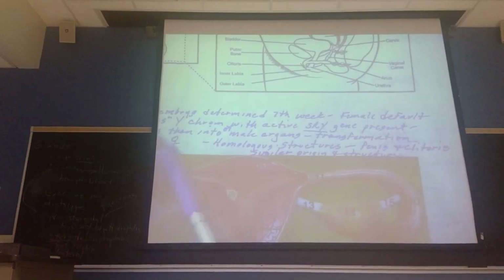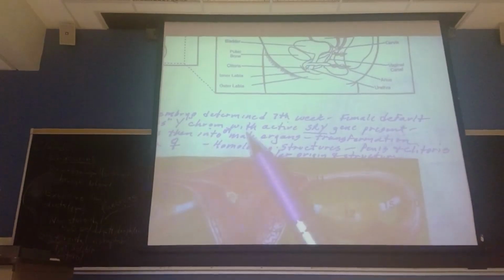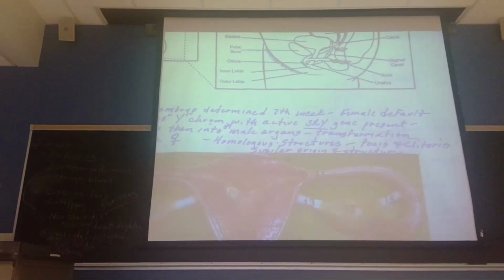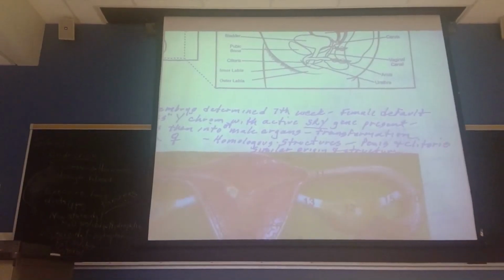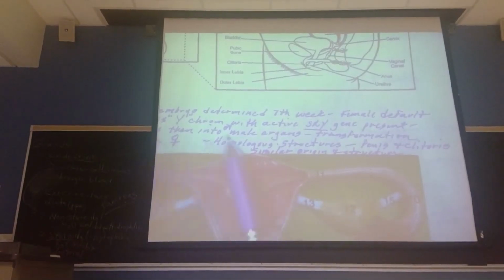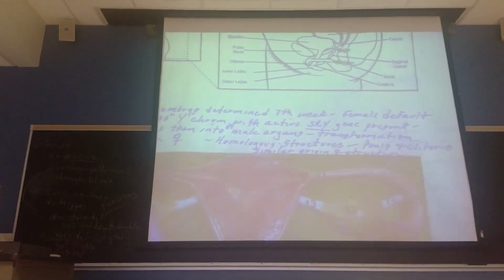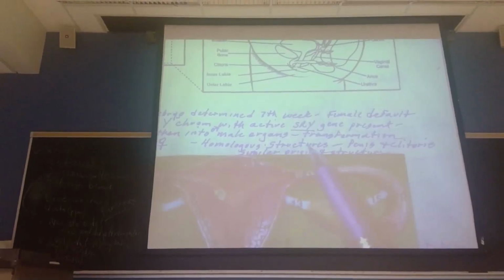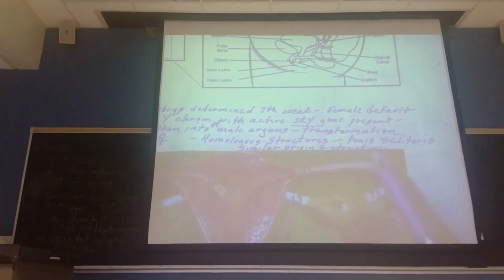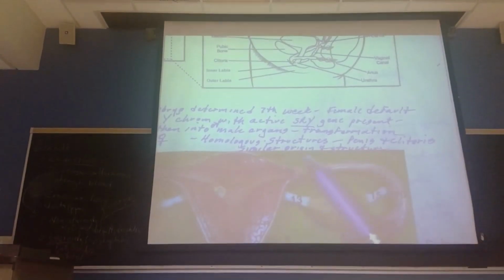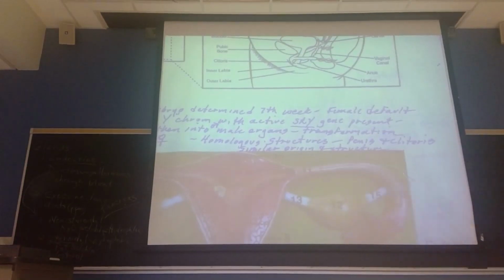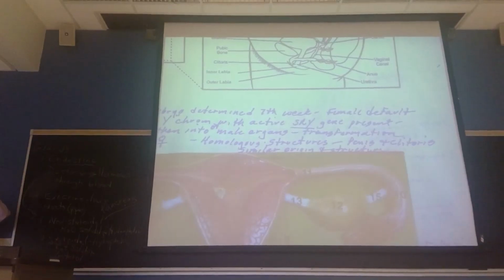Female is the default unless the Y chromosome is present with an active SRY gene on the Y chromosome. It turns from female into male organs, a transformation from female. These are homologous structures in the female and the male. The penis and the clitoris are of similar origin and structure. They both have erectile tissue. They both come from similar origins. It's just a transformation from female into male.